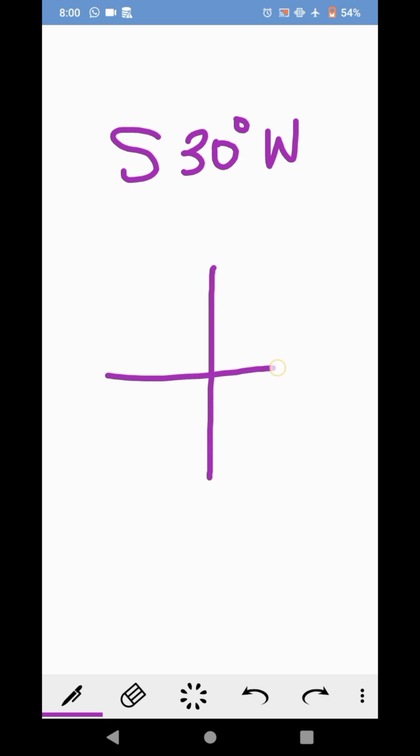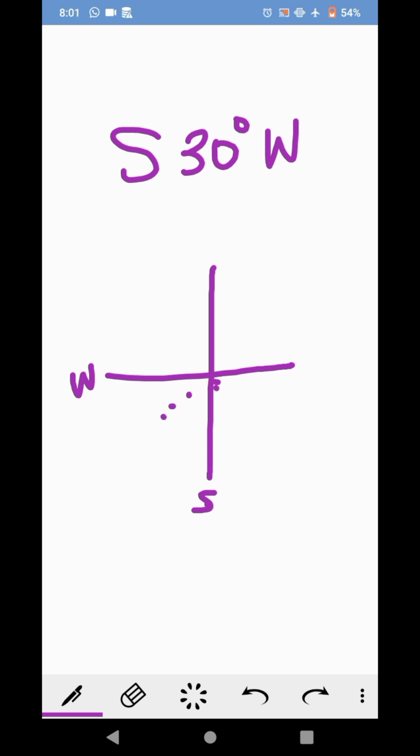Let me say I have south 30 degrees west. What will it be equivalent to in 3-digit bearing? Remember this is in between the south and the west, and you're moving from the south towards the west, 30 degrees.